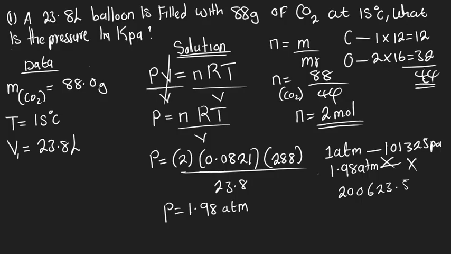Then we divide this by 1,000. These are pascals. And we get 200.6 kilopascals. All right, thank you. So that is just how you do it.